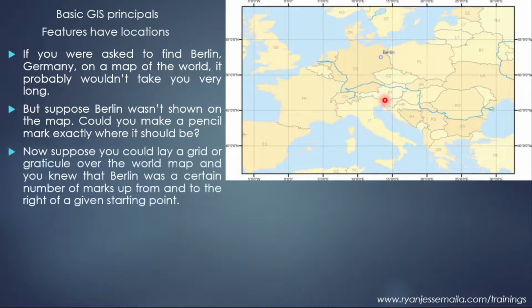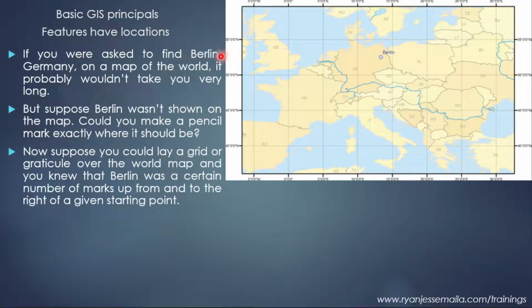be? Now suppose you could lay a grid or graticule over the world map, and you knew that Berlin was a certain number of marks up from and to the right of a given starting point. A graticule is basically a network of longitude and latitude lines on a map or chart, which relates points on a map to their true locations on the Earth.